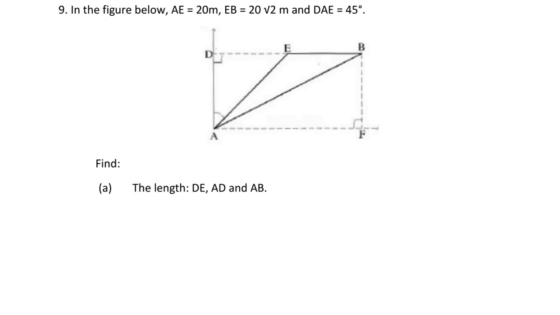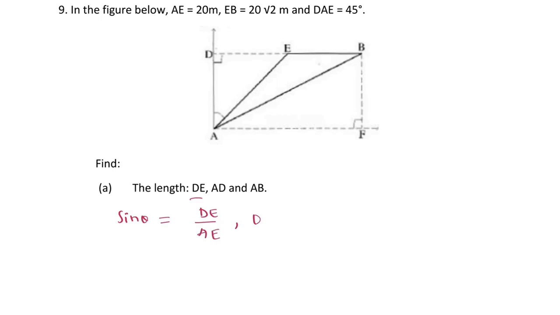Question number 9. In the figure below, AE equals 20 meters, EB equals 20 under root 2 m, and DAE equals 45 degrees. For part A, we are supposed to find the length DE, AD, and AB. Okay, so starting with the length DE, we are going to use the sine formula which says sine theta equals opposite side, in our case DE, over hypotenuse side, in our case AE.